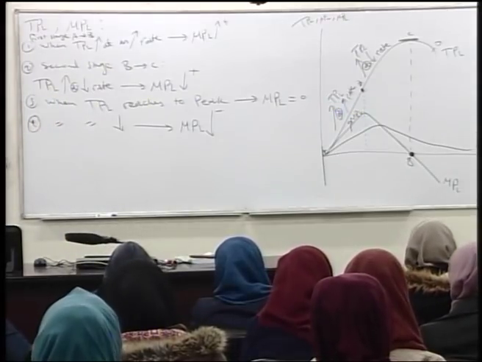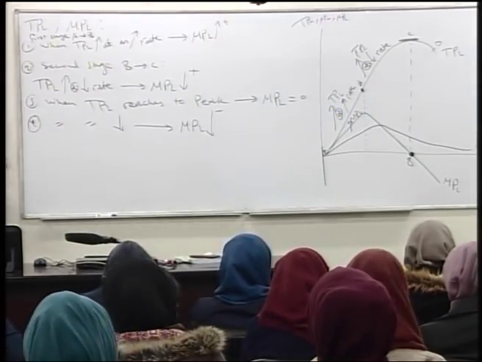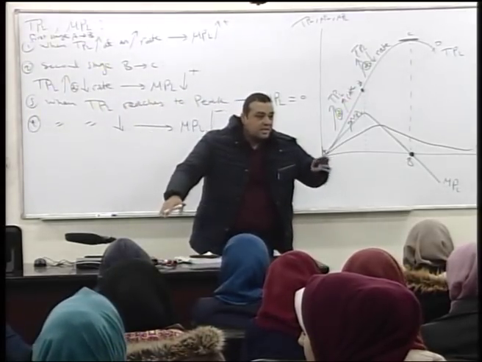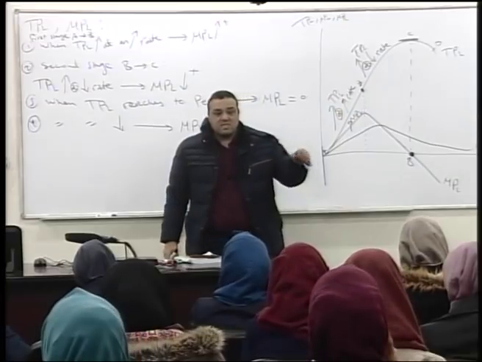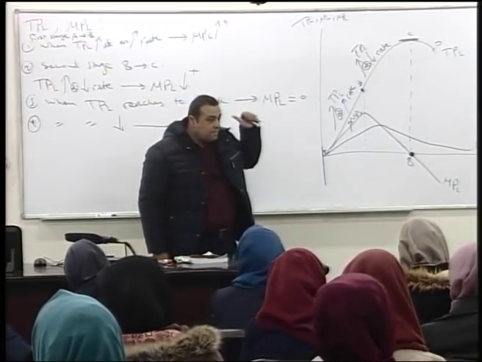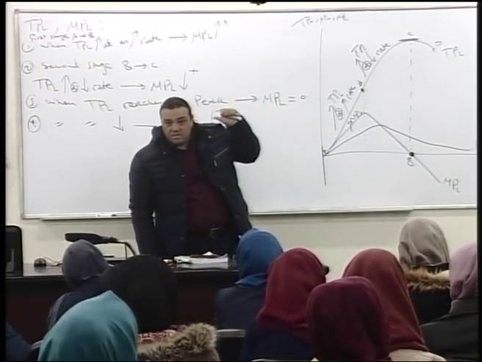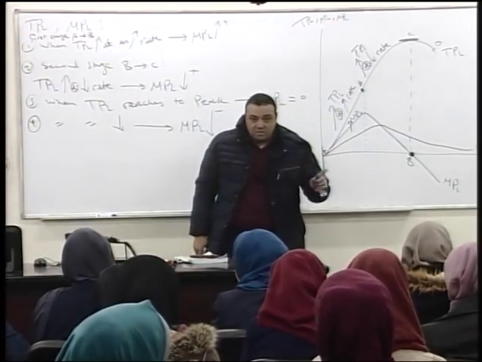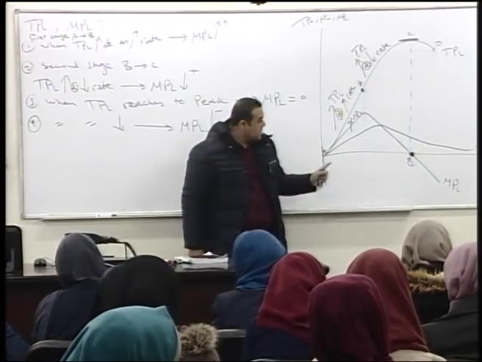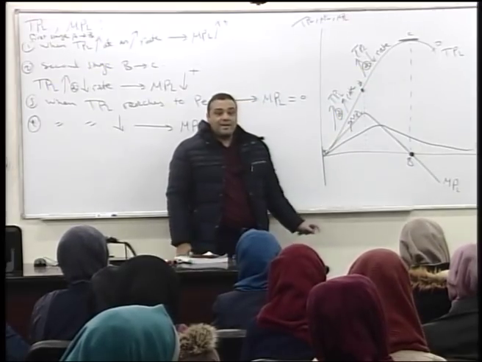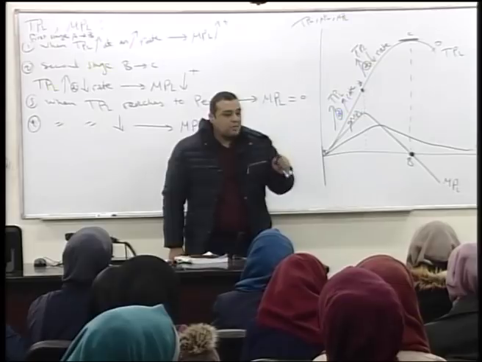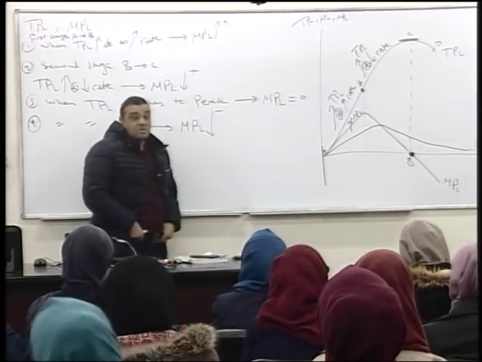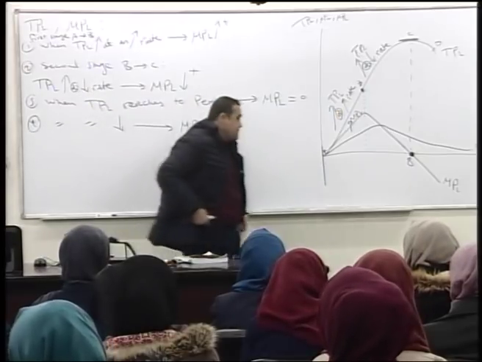Now, it's quite similar to the relationship between the marginal utility and total utility. So the students who understood the last chapter, chapter 4, will understand chapter 5 easily without any problems, right? Now, let's study the relationship between average production of labor and MPL.